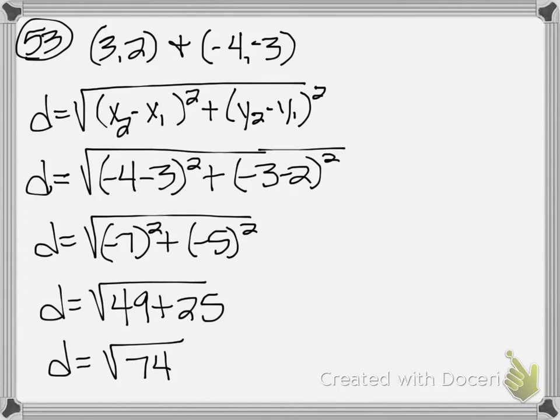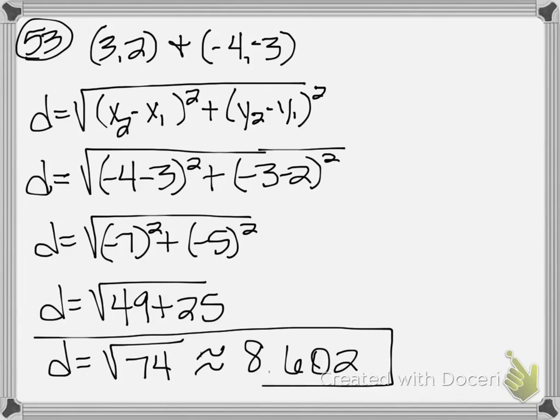Now, this one does say where appropriate give an approximation. So the square root of 74 is approximately 8.602. So there's our exact answer and our approximate answer.